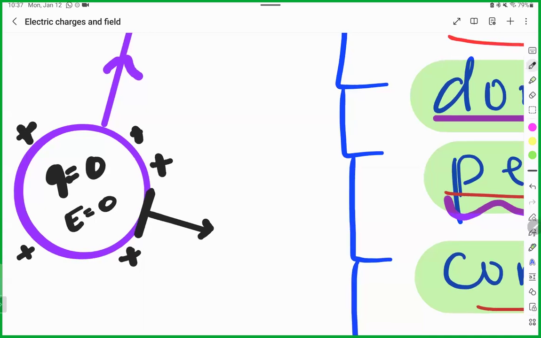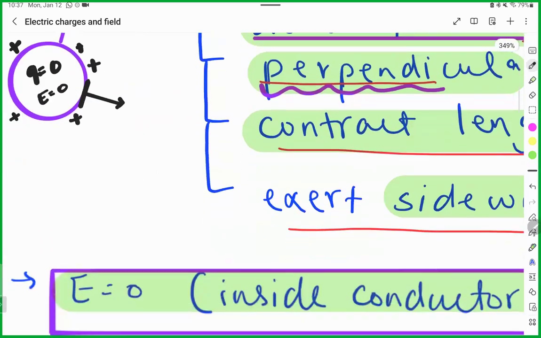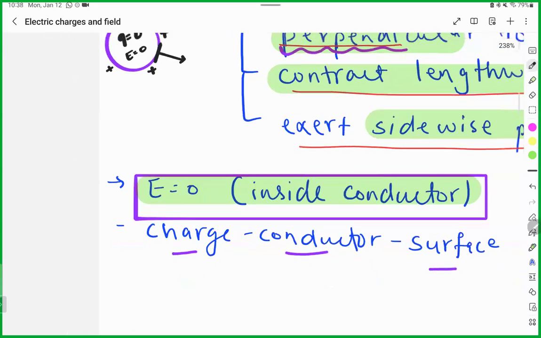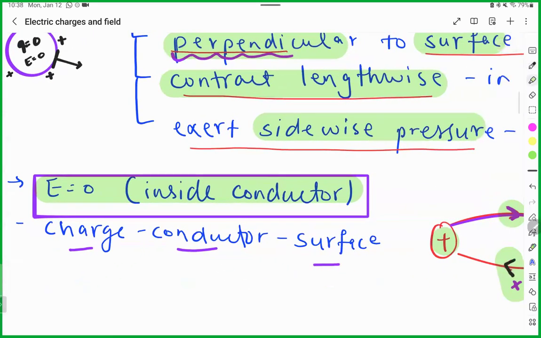Understood? So inside the conductor, electric field is zero. Why? Because there is no charge, and electric field is always because of the charge. And second reason, in this case, charge remains on the surface of the conductor, not inside. In a solid sphere, you will have electric field.